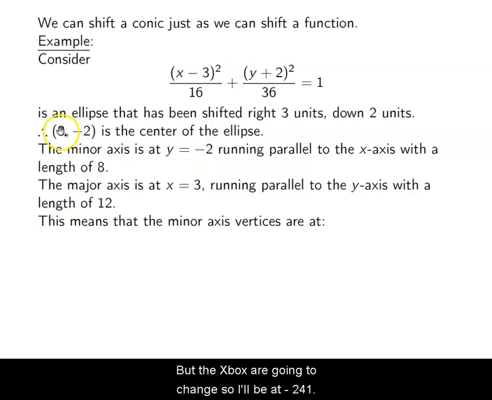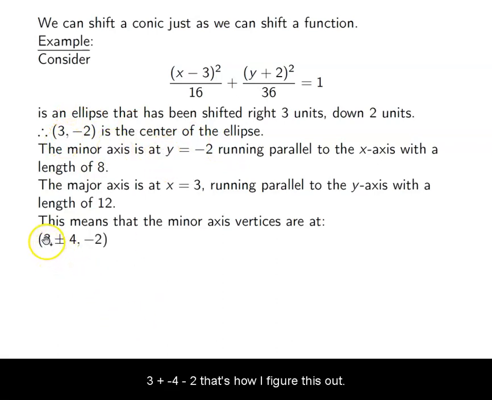But the x values are going to change. So I'll be at -2 for y, but then I'll move 4 units for this. So that means it'll be 7, -2 and -1, -2, okay? So 3 plus or minus 4, -2. That's how I figure this out, right?